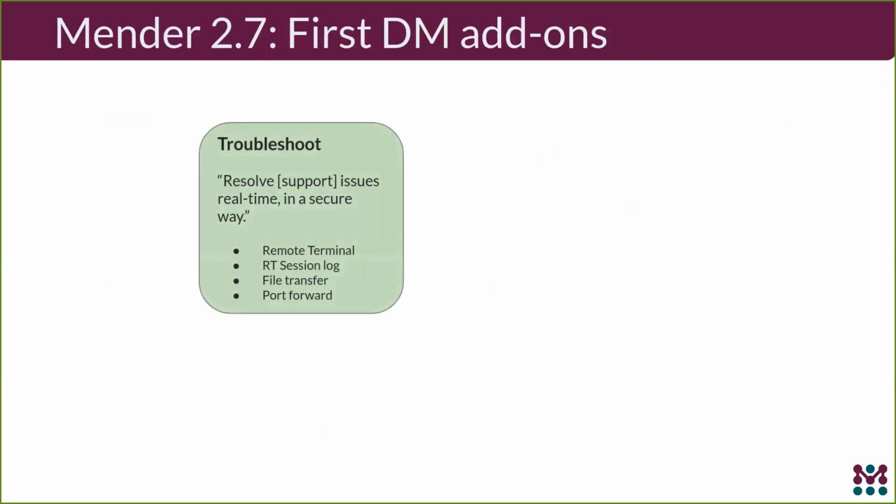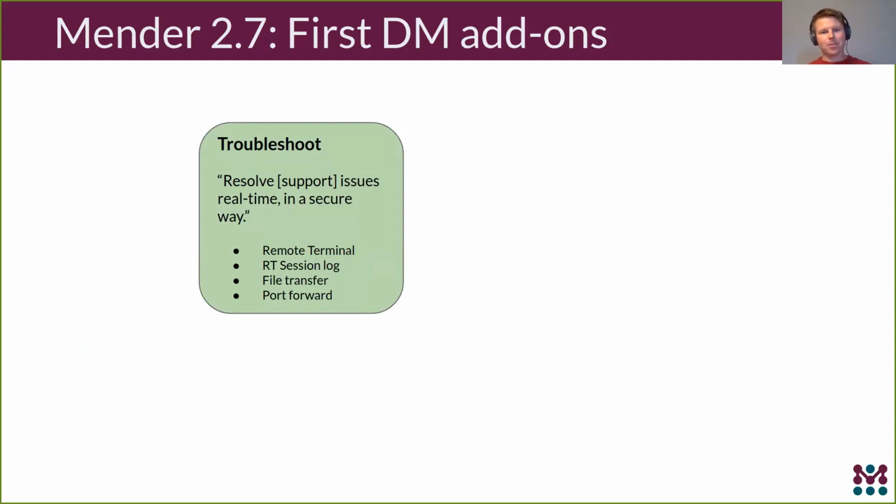If we look at what's in 2.7 and what the features are, we have the first add-on package, Troubleshoot, which is meant to resolve support issues in real time in a secure way. The typical scenario is that you have some customers using your IoT product, your devices, and maybe they reach out to you that there's something wrong, or you figure out yourself that something has to be looked into.